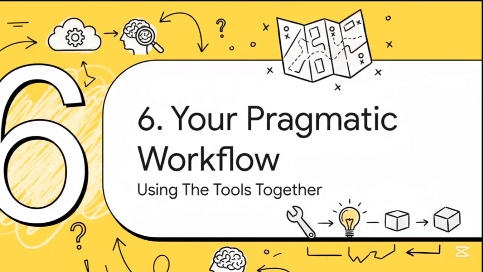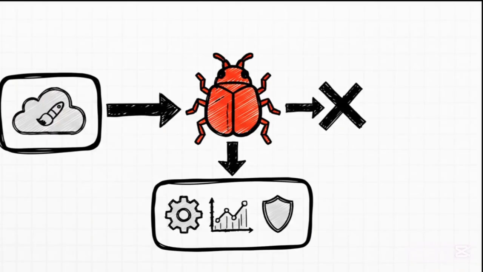Okay, so now that we have this new map in our hands, what does a smart, effective workflow actually look like? How do we use these tools together and finally ditch all the confusion? All right, here's the game plan. It's pretty straightforward. Use AI Studio for what it's best at: creative prompt engineering and initial tests. Then, treat the Cloud Console as your true base of operations for the project. From now on, when an error pops up, your very first instinct shouldn't be to tweak the prompt.